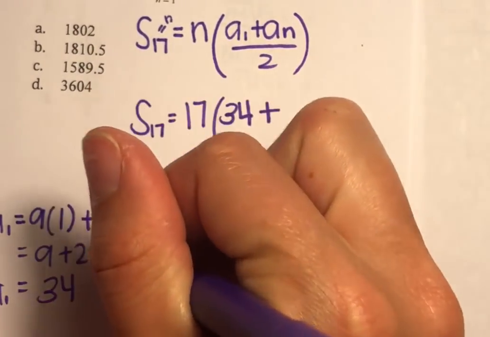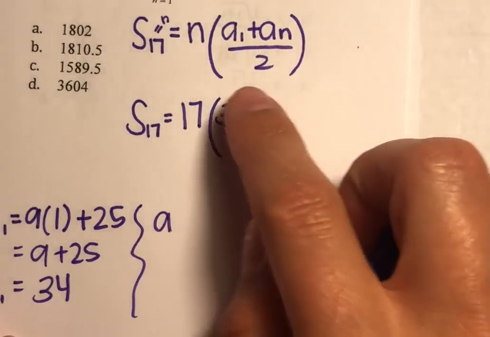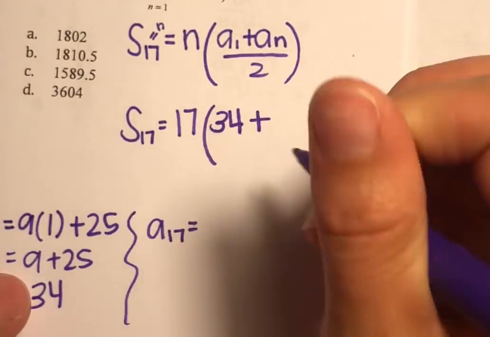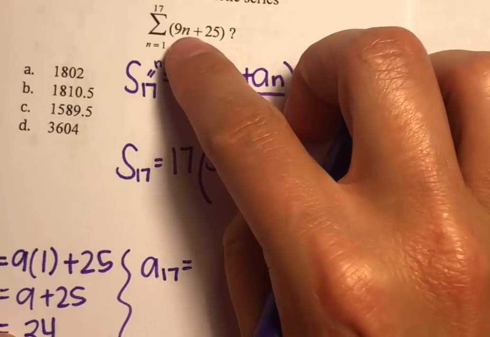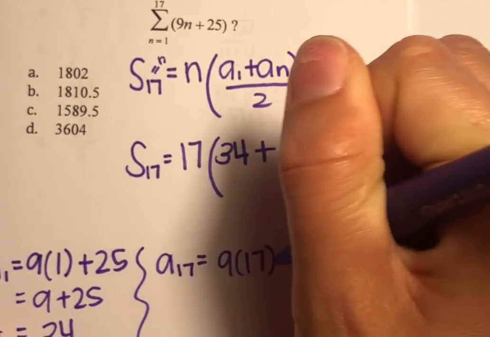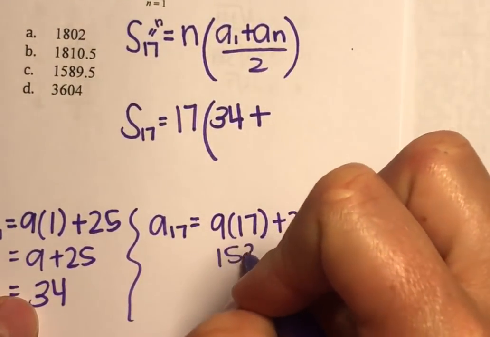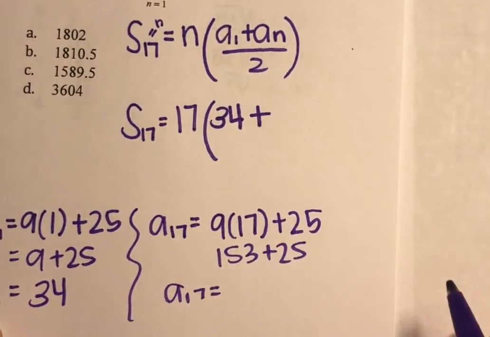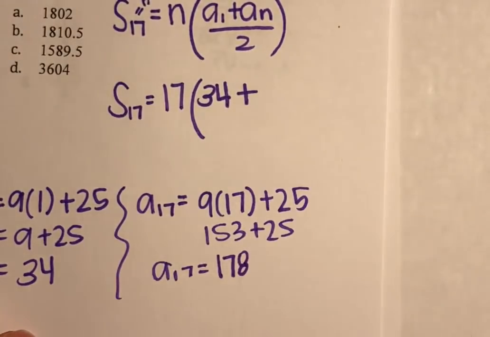Now I'm going to find an. So remember, an is going to be a17 because n equals 17. So I'm going to find a17 the same way I found a1 by plugging in 17 to this expression they give us. So I'm going to have 9 times 17 plus 25, 153 plus 25, and I have a17 is equal to 178.